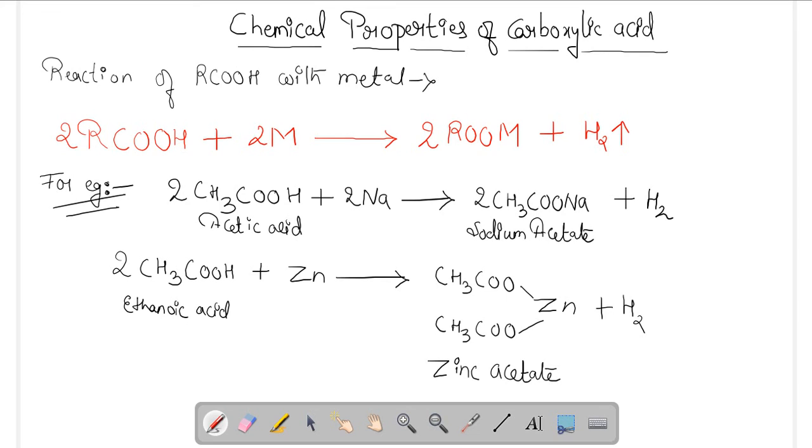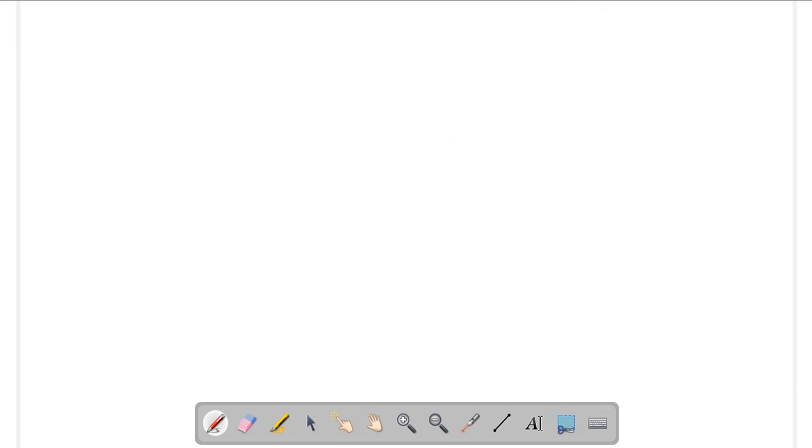Okay. Similarly, if I am talking about the aromatic compounds, aromatic carboxylic acid, that is 2 molecules of benzoic acid I am taking. Benzoic acid, it is reacted with 2 atoms of sodium. So they will form sodium benzoate.